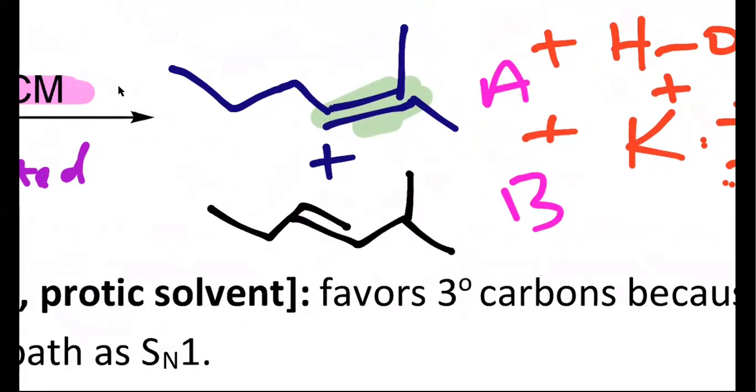What is it? You got a carbon attached to it here, here, and here. What do you think? And you only have one hydrogen on it, which would be here. Tri.